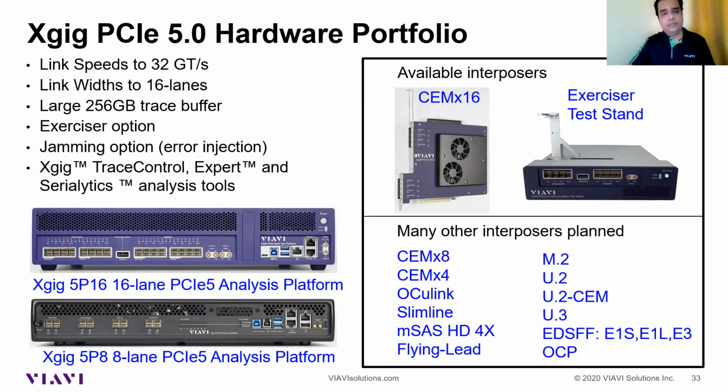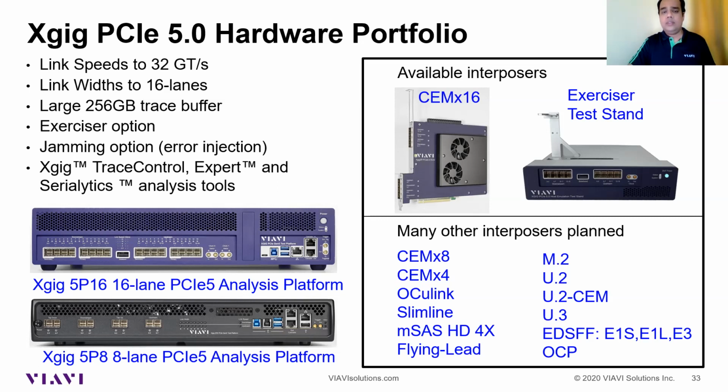On the left-hand side, at the bottom, you will see a by 8 32 gigatransfers per second analysis tool, which can be used for both PCIe 5.0 and CXL 2.0 protocol analysis, traffic generation, and PCI-SIG and CXL Consortium compliance.